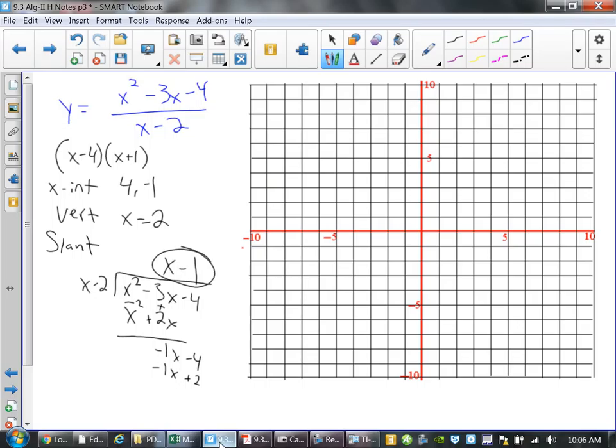So when I do these things, I'm going to put in my asymptotes and my intercepts just like I did earlier. Negative 1, positive 4, vertical asymptote at 2. Try to make it straight. And then I'm going to plot in my slant asymptote. Start your slope. Negative 1.